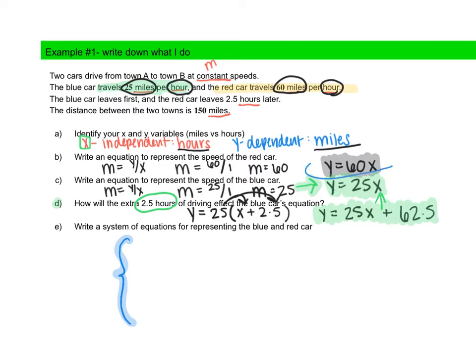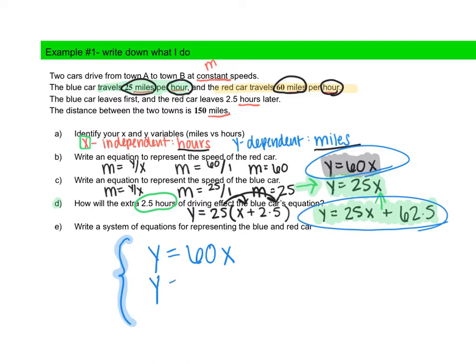So the red car's equation didn't change from the beginning. It was y equals 60x. And the blue car's equation, after we changed it to represent those 2.5 extra hours, became y equals 25x plus 62.5. Okay, so that would be our system for this example.